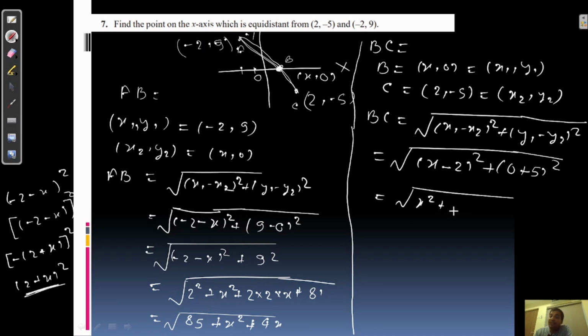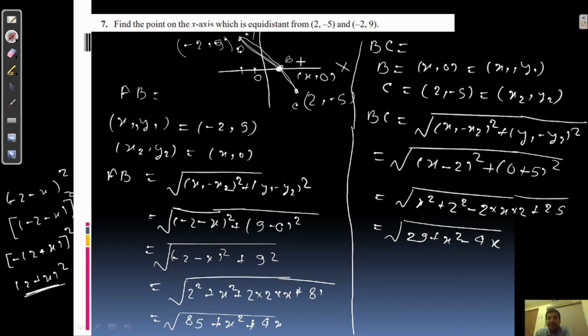X square, a square plus b square, minus 2ab, plus 0 plus 5 square, which is directly 25. I am writing it directly. Now just look, 25 plus 2 square is 4. It will be 29 plus x square minus 4x.